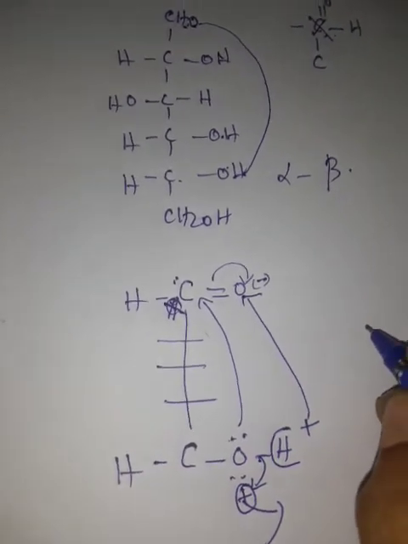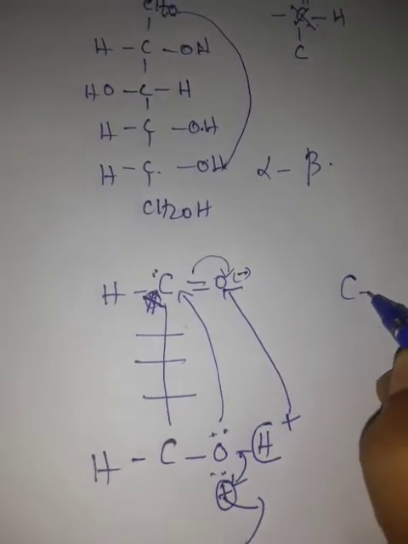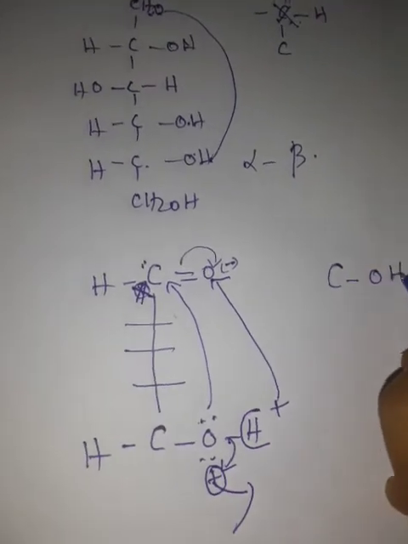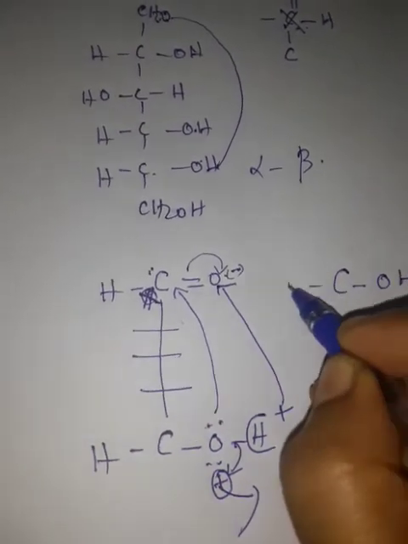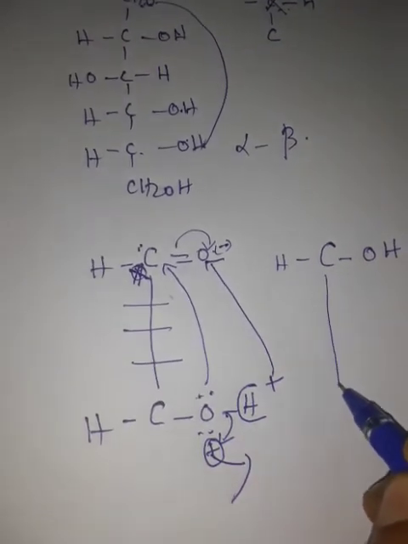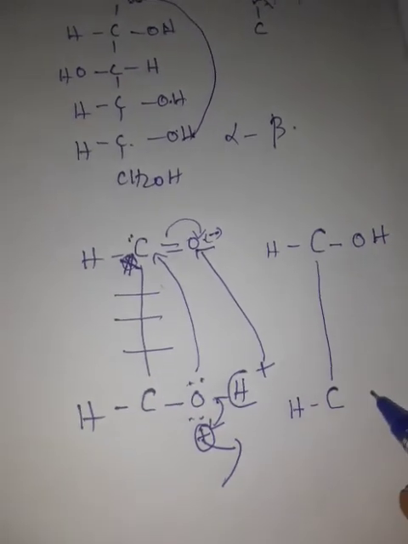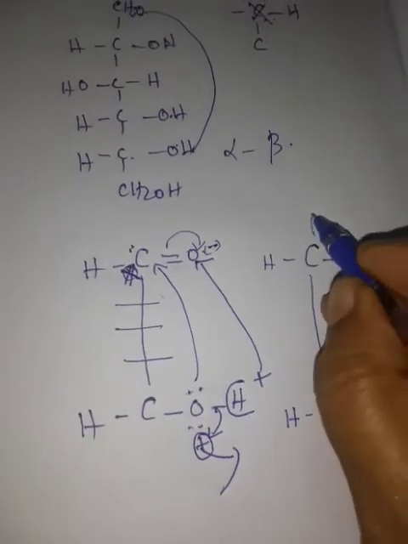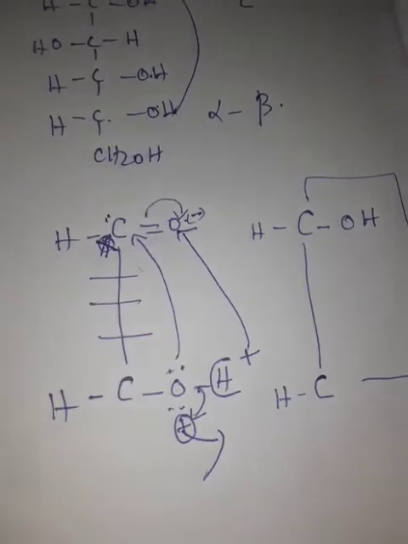So now see what the structure is: the hydrogen has shifted here, and the fifth carbon with its oxygen can be linked with the first carbon. This form is called the hemiacetal form.